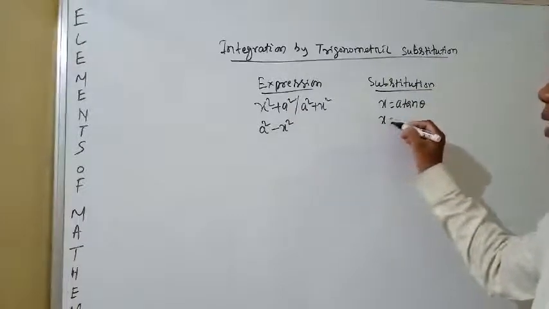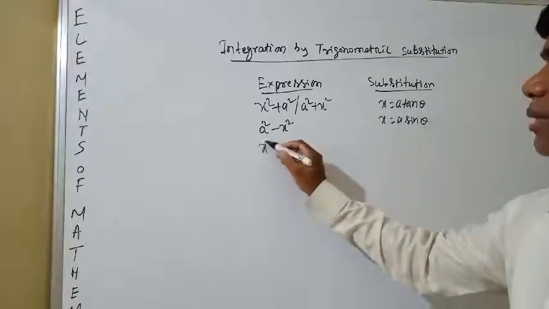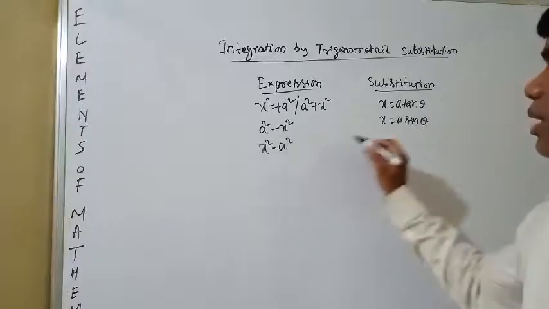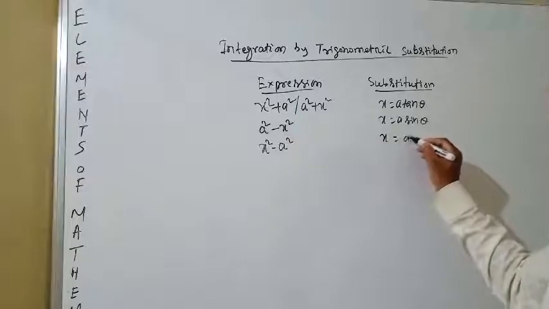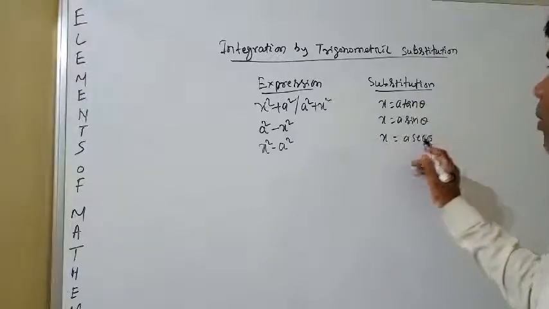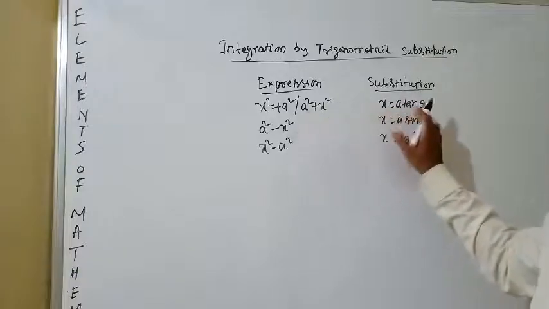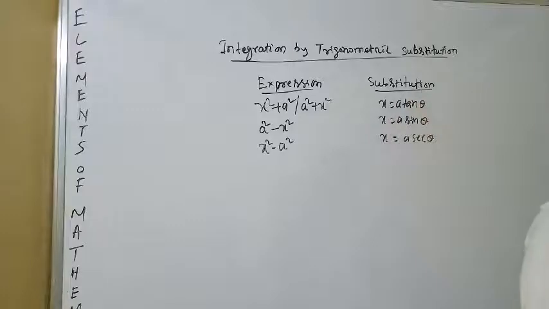We have to put x is equal to a sin theta. Suppose the expression is given as x square minus a square. We have to put x is equal to a sec theta. You can get the simplified form when you put these. Then you go to the integration.